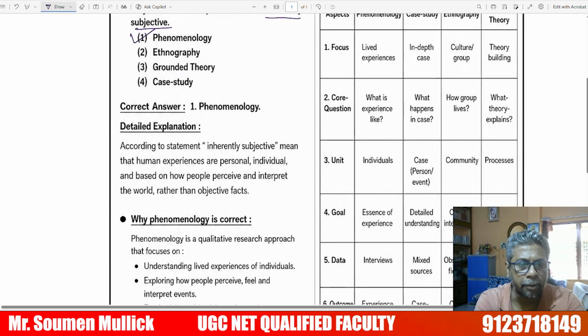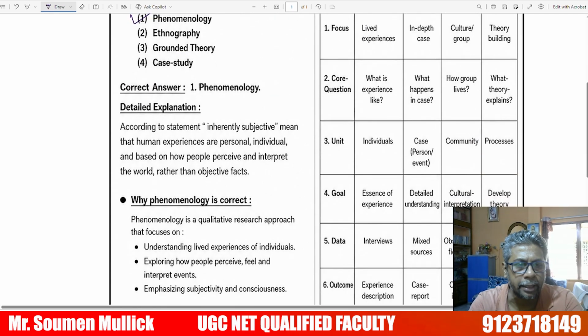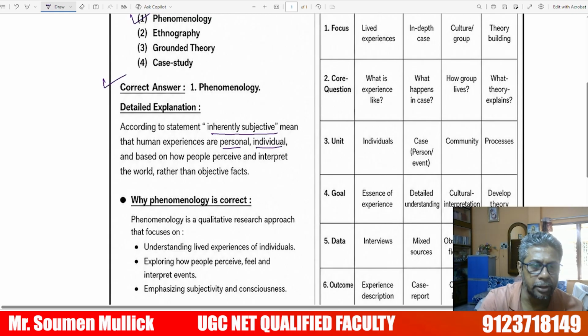Now the detailed explanation of why phenomenology is right. According to the statement, inherently subjective means human experiences are personal, individual, and based on how people perceive and interpret the world rather than objective facts.